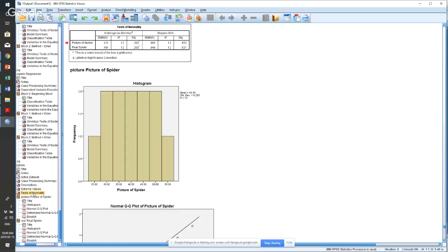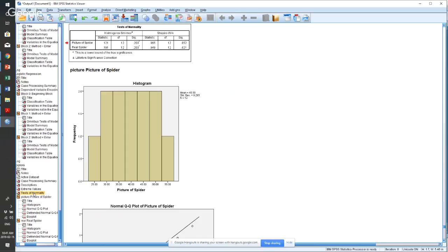Now, I want to point out something which the textbook does explain too, and something I've also further learned about. So I'm not going to make a big thing about it for the assignment, but I believe the more accurate way of looking at normality for a dependent t-test, a paired t-test, is you take the difference between the scores and you look at the normality of that.